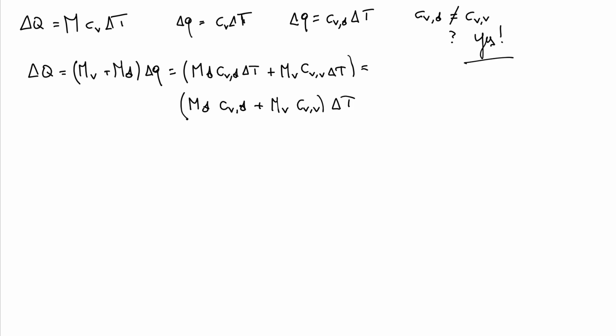Okay. If we divide everything by the total mass, then we would have delta Q is (md CVD plus mv CVV) divided by (md plus mv) times delta T. Excuse me, I didn't write it very well.